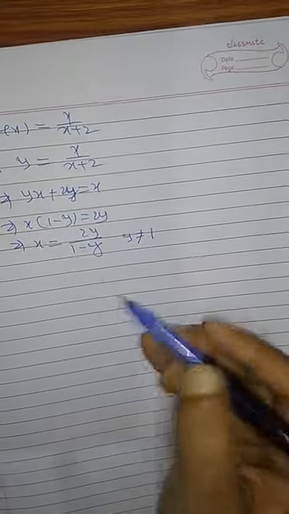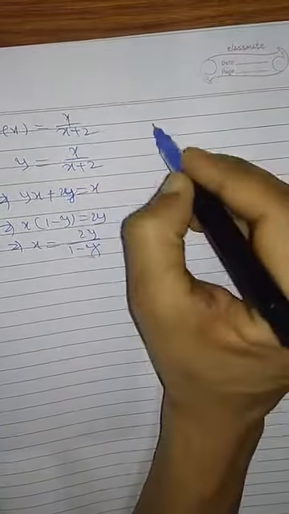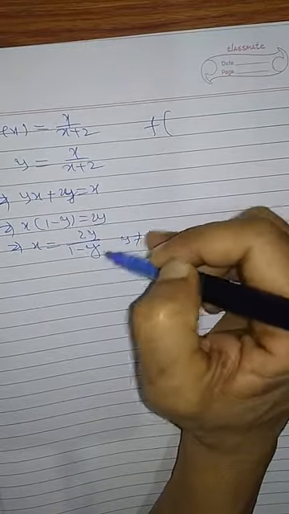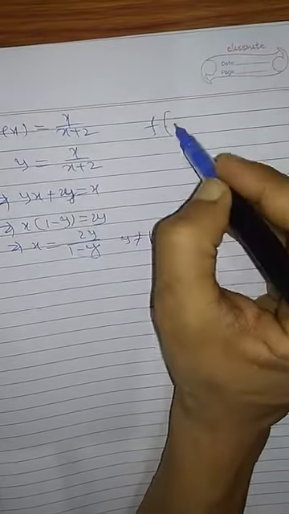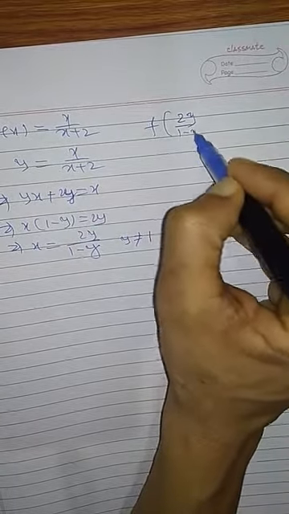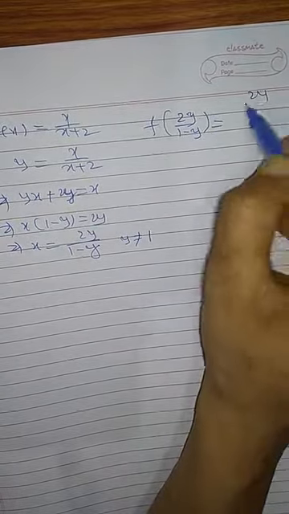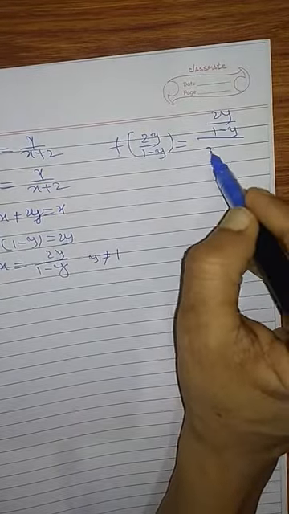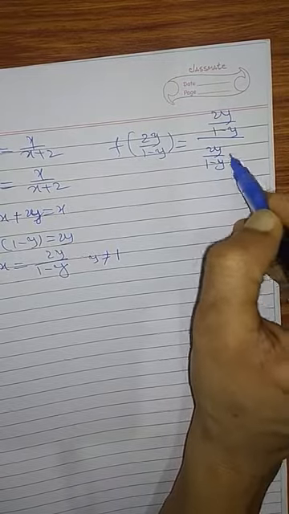Now f is onto, how? See, replace x with 2y by 1 minus y in the given function f of x. So f of 2y by 1 minus y is equal to 2y by 1 minus y divided by 2y by 1 minus y plus 2.